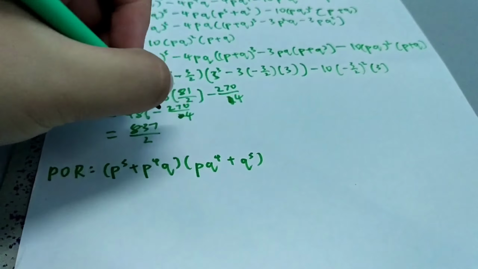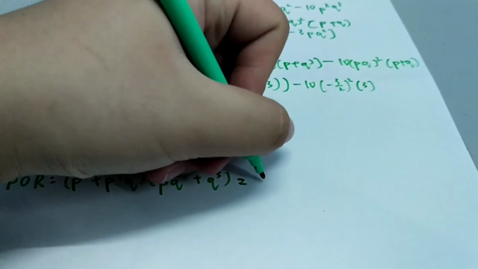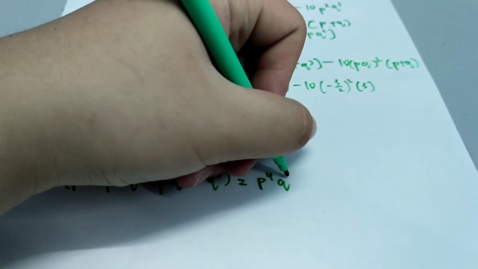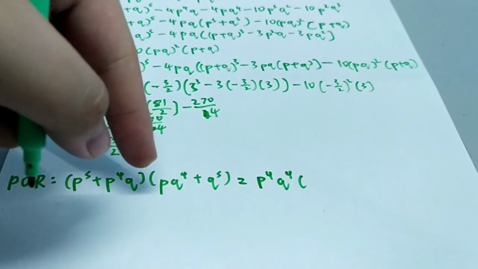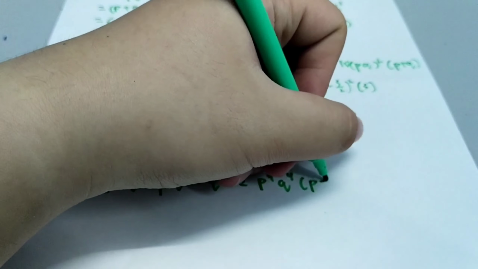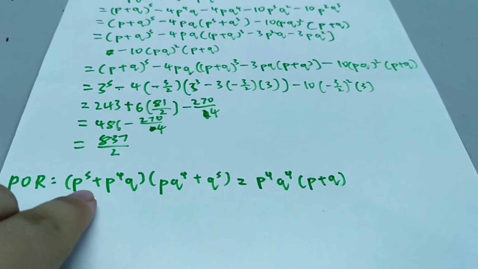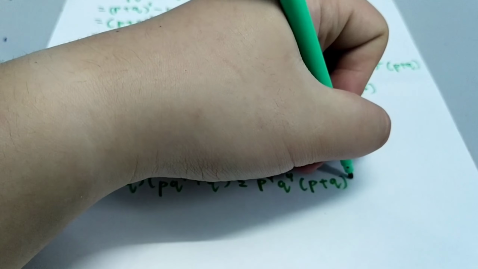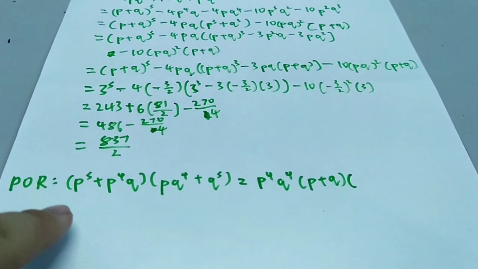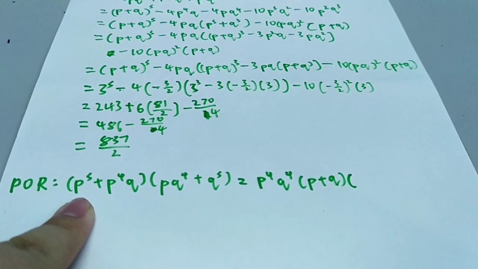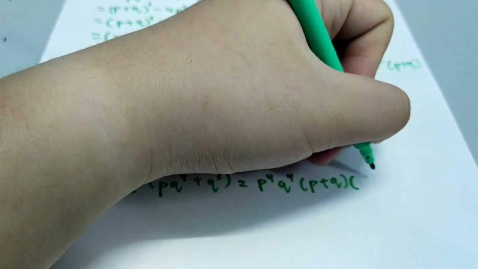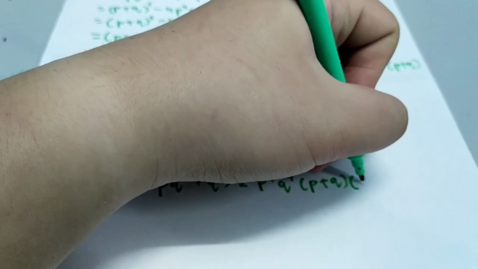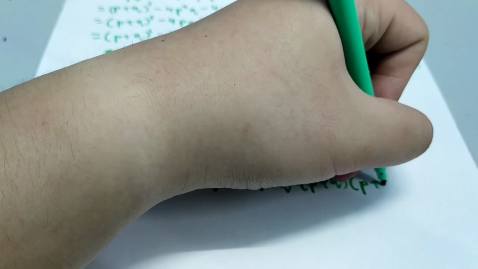So this whole thing is going to be equal to p power 4 plus q power 4 times p plus q, because you take out the p power 4, and then you will have another one, which is p plus q.